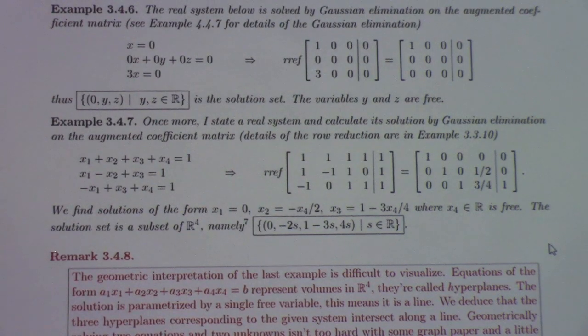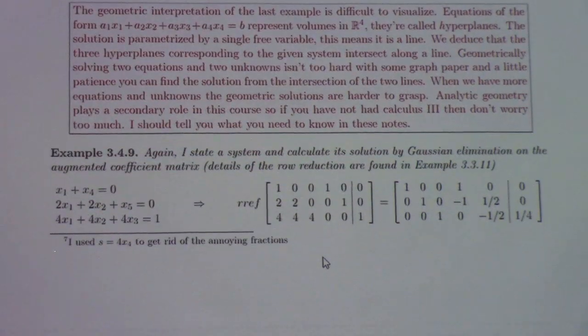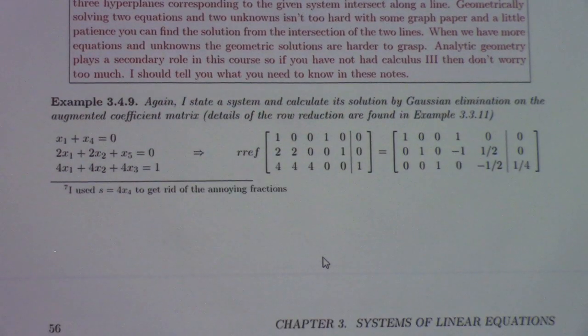So you know you're not going to have a unique solution in that kind of situation, right? But this is an important calculation to know. If I have 3 equations in 5 unknowns, I do the row reduction. What does this show me? It shows me that I can take the 4th and the 5th variables as parameters in the solution set, right?